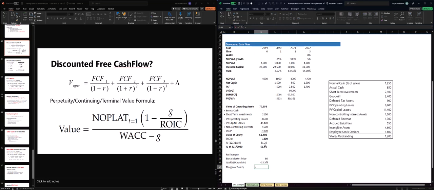So the basis of truth is your valuation. So, let's say that divided by that, and that's your MOS.